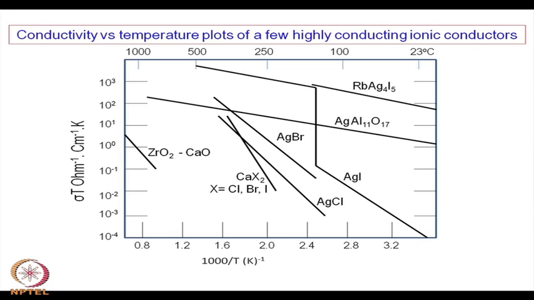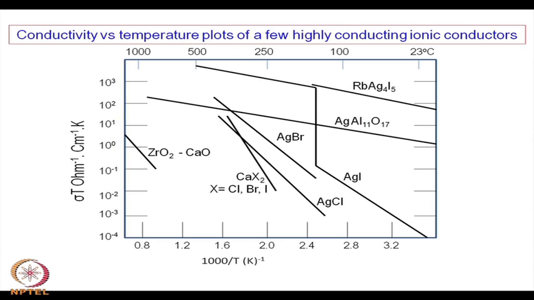It tends to become a non-stoichiometric oxide, and the semiconductivity creeps in. When the semiconductivity comes in, of course, the material will not be useful as a solid electrolyte, but maybe it can be used for some other purposes.